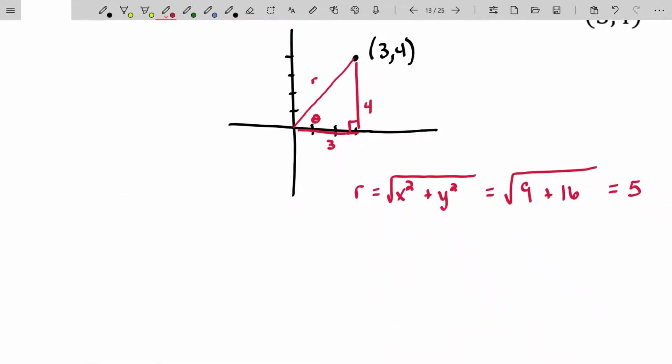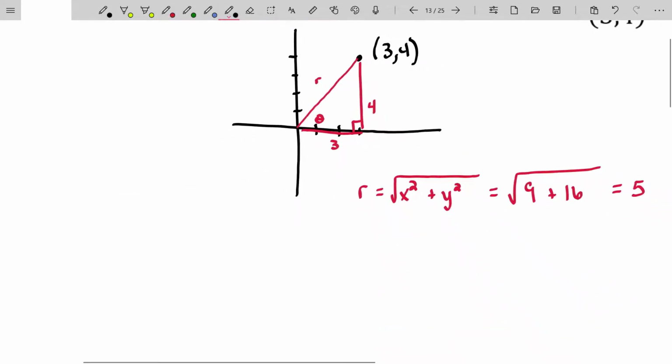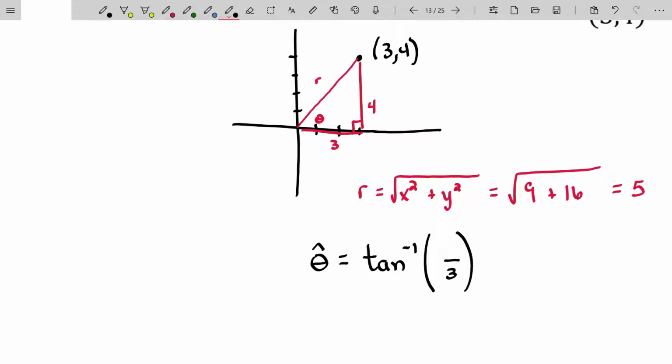Now, to find that angle that we turned through to get to that point, you're going to say, well, the reference angle, not the angle, but the reference angle, is the tangent inverse of the y value, the positive y value, I should say, over the positive x value. Again, I should probably have written it that way. Tangent inverse of the absolute value of y over x, which is, in this case, the tangent inverse of 4 over 3.